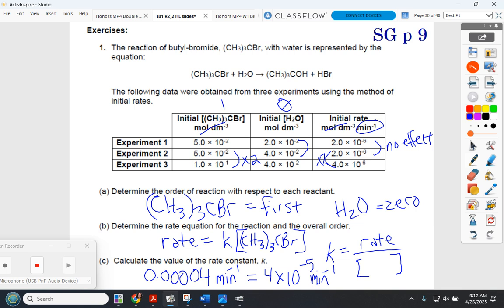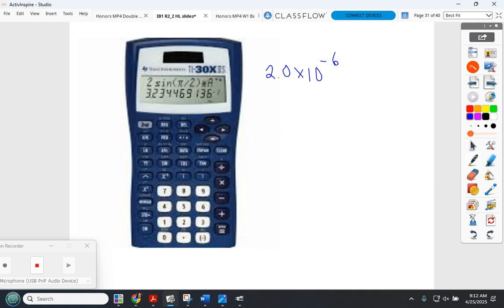So we've got 1 and we've got 0. So it's first order with respect to that reactant. It's also first order overall because that's the only term in that rate equation. And we'll talk about when you have a 0, first, or second order reaction, what the units of K should be, but we'll get to that a little bit later.